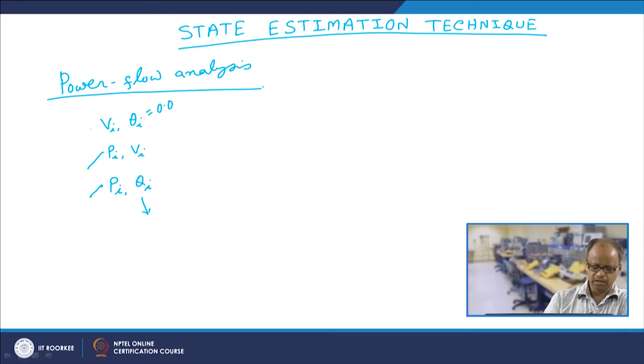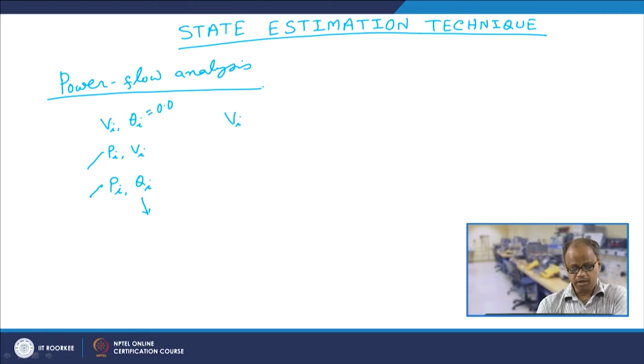These Vi's are already known to us because we know the setting of the voltage controller of the generator. If any particular generator is mandated to control its terminal voltage at, let us say, 1.01 per unit, then we can say my Vi specified magnitude is 1.01 per unit.